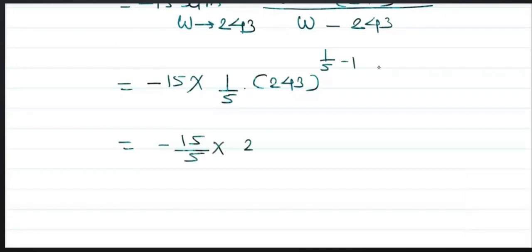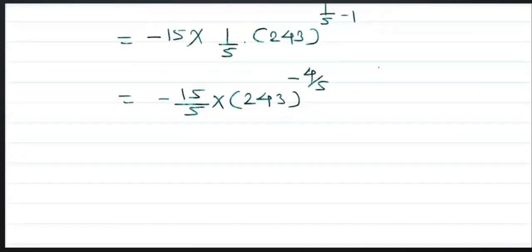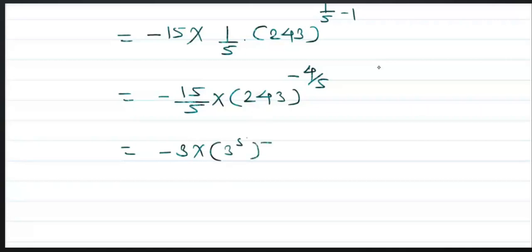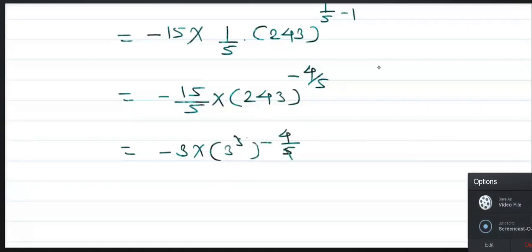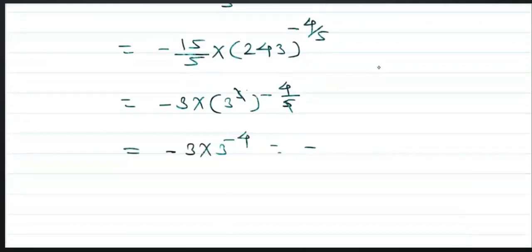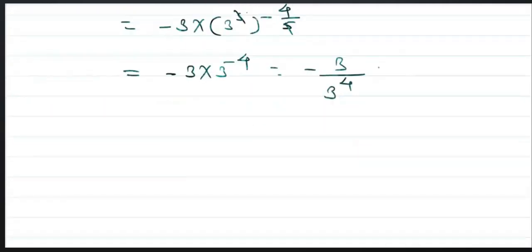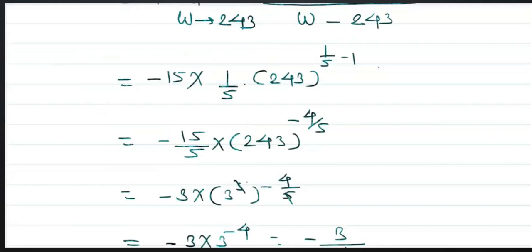Now we simplify this: minus 15 upon 5, 243 raised to minus 4 upon 5. That is minus 3. 243 means what? 3 raised to 5. That 5 will get cancelled. Then you will get minus 3 into 3 raised to minus 4, that is minus 1 upon 3 cubed.